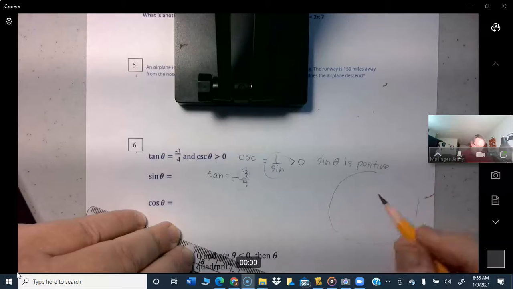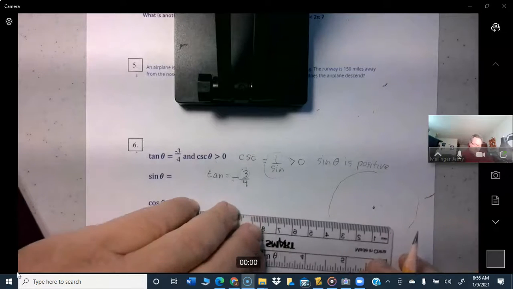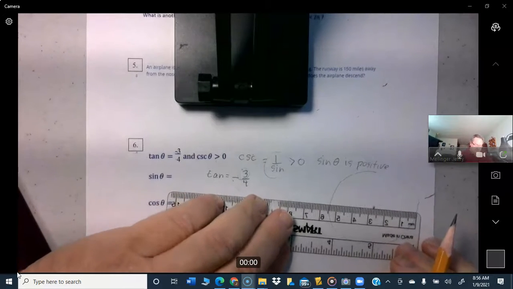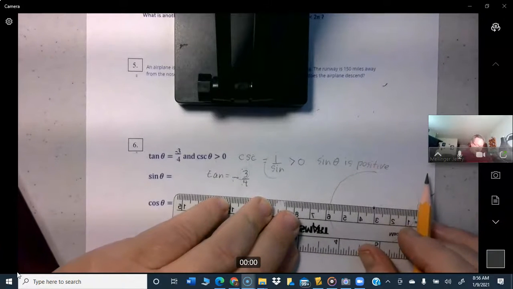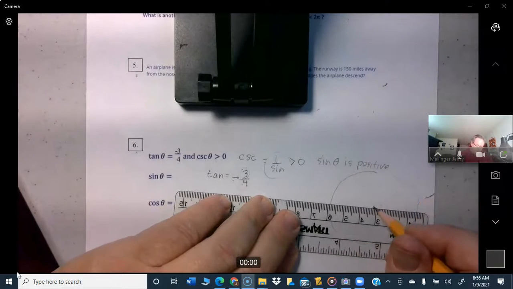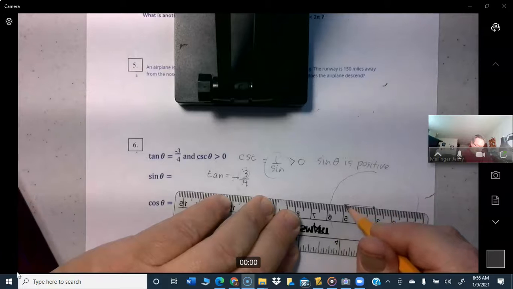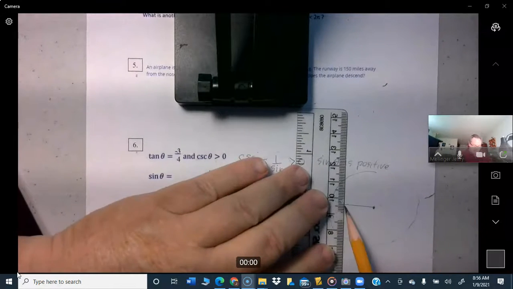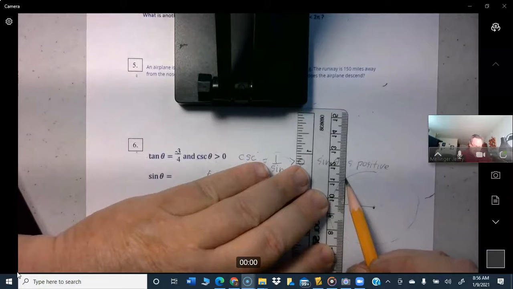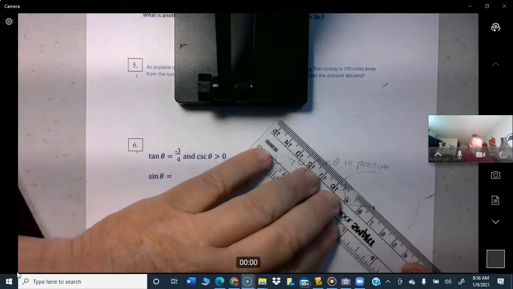So what it's saying is that the cosine is -4. That means you're going to go backwards 4, let's say to about right here, and the sine is +3. That means you're going to go up 3. And then there's the hypotenuse right down.